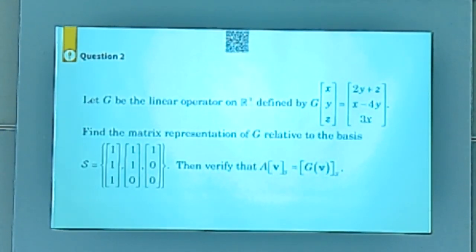G of (1, 1, 1), (3, negative 3, 3). At least these basis vectors are nice to work with.